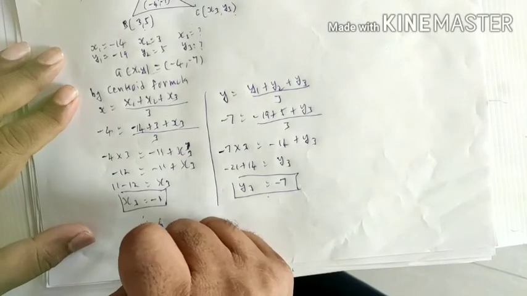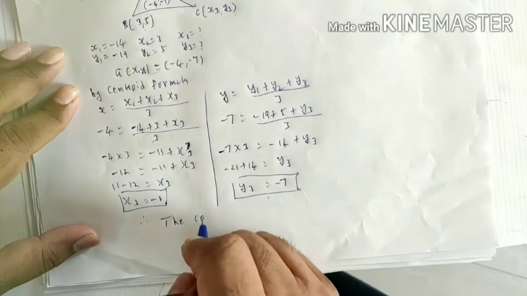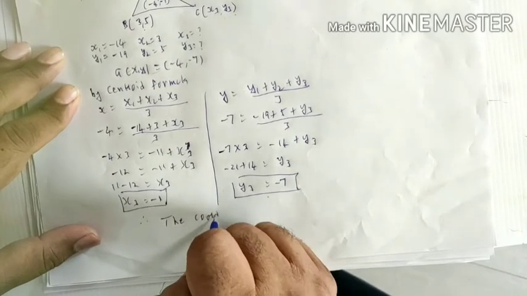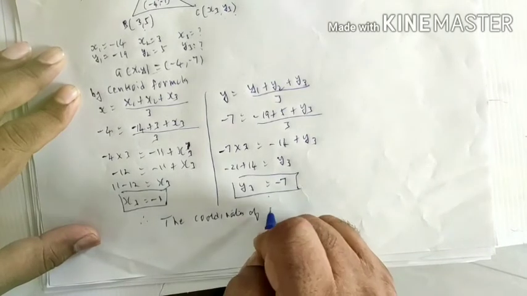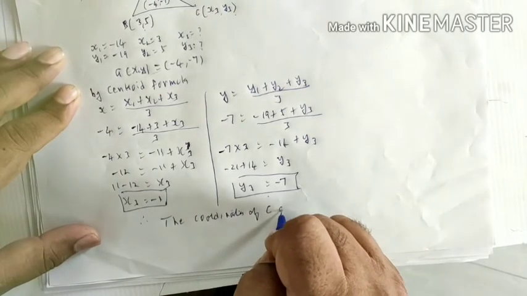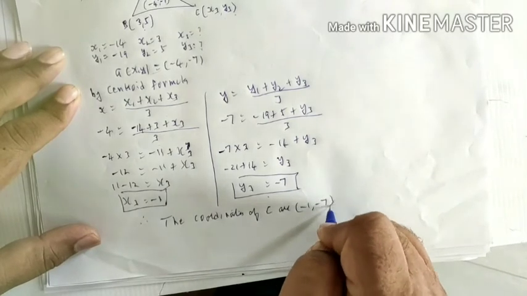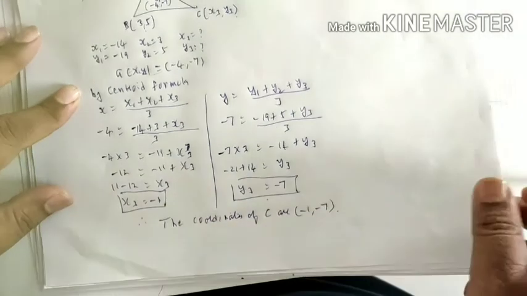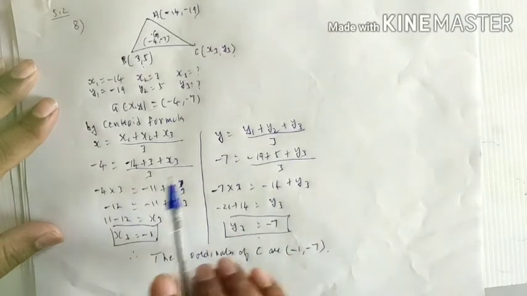Therefore the coordinates of C are (-1, -7). See, simple sum. We have applied centroid formula here.